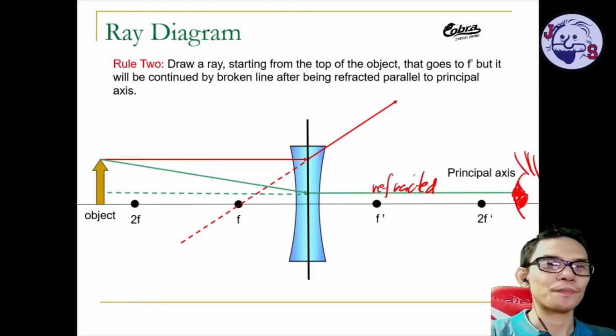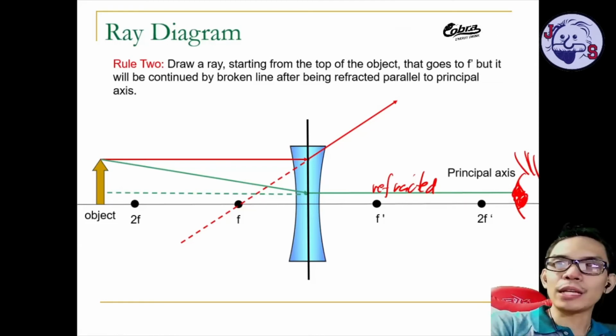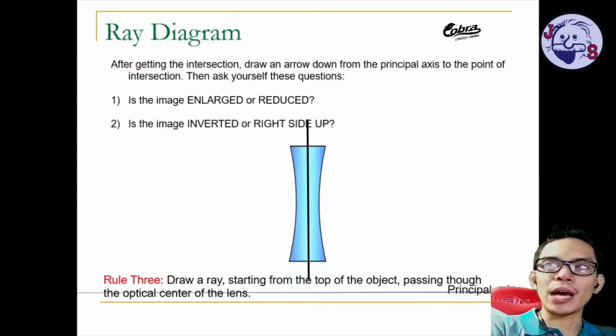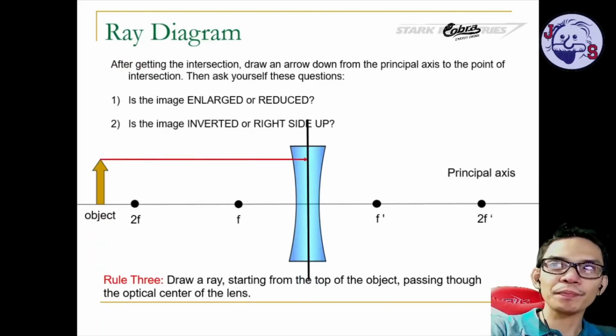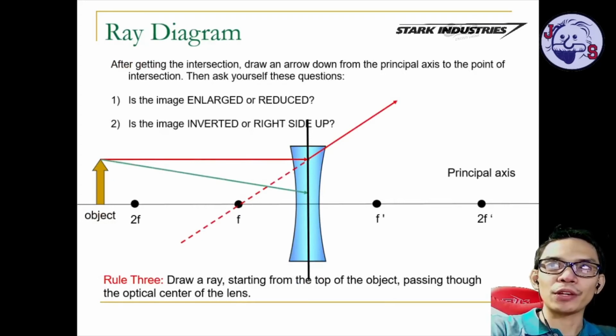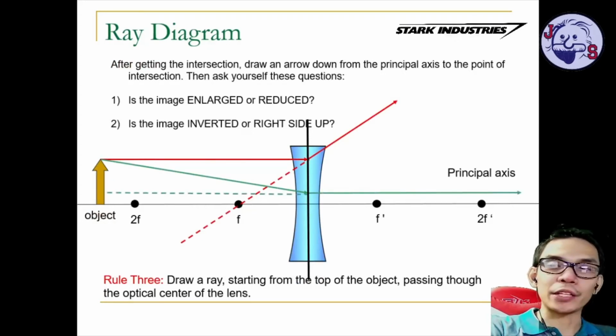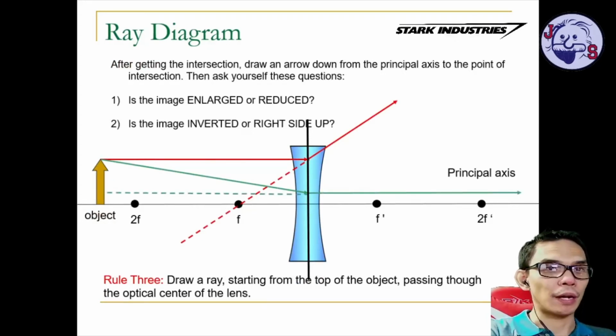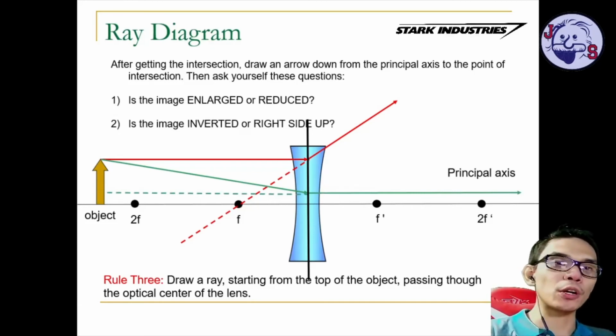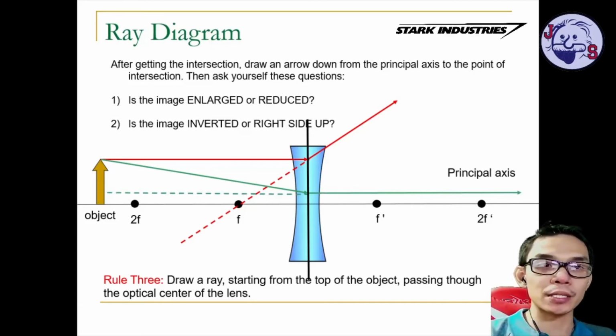Now, let's go to the third line. We have the principal ray, then the focal ray, and the third line is the optical ray. In some cases, you can draw the optical ray, and in some cases you cannot.